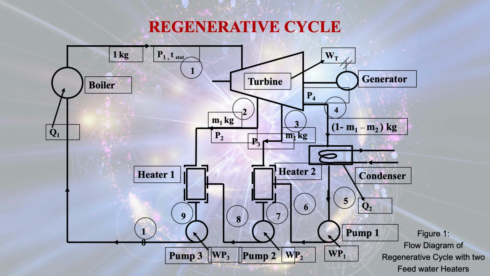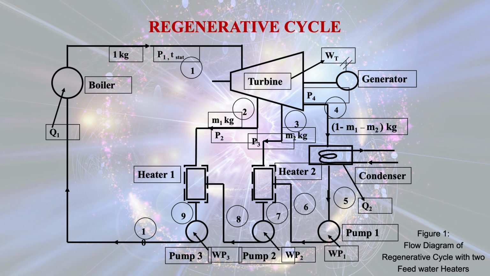Now you see that in this diagram, there is work done by the turbine, and we will see how we can calculate the work done by the turbine. We shall also calculate the work done by the pump. Here you see there are 3 pumps: WP1, that is pump 1, work done by the pump 2 is WP2, and there is also a pump 3, and work done by the pump 3 is WP3.